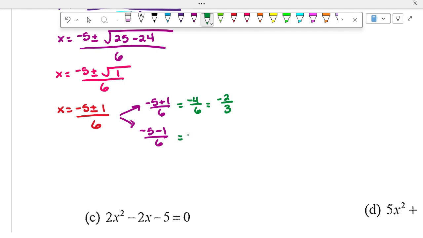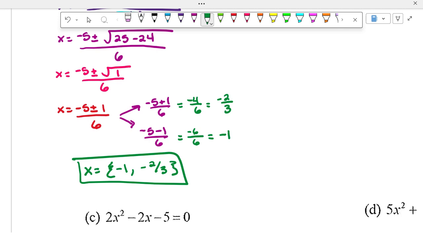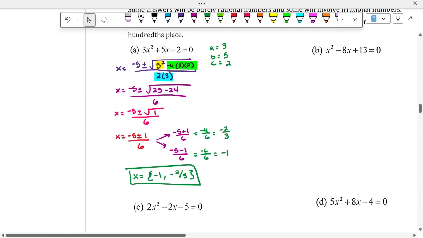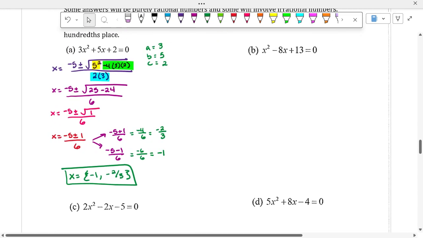What's -5 minus 1? -6 over 6. So that gives me what? Not 1, but -1. Make sure you mind your negatives. So x equals the set of -1 and -2/3. So that one actually was factorable because we got rational answers.